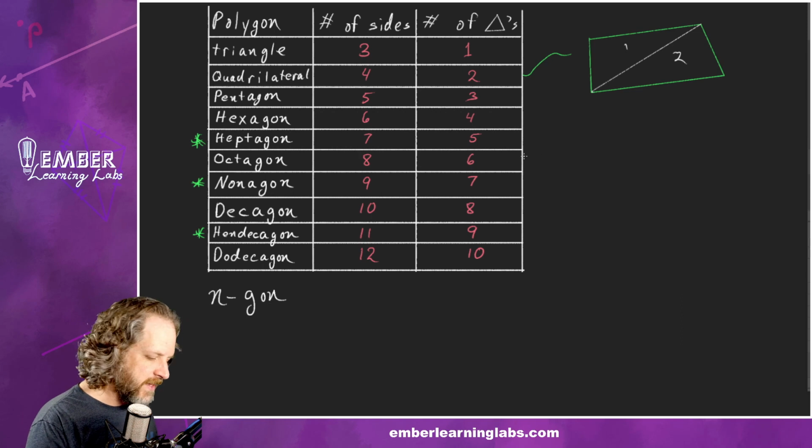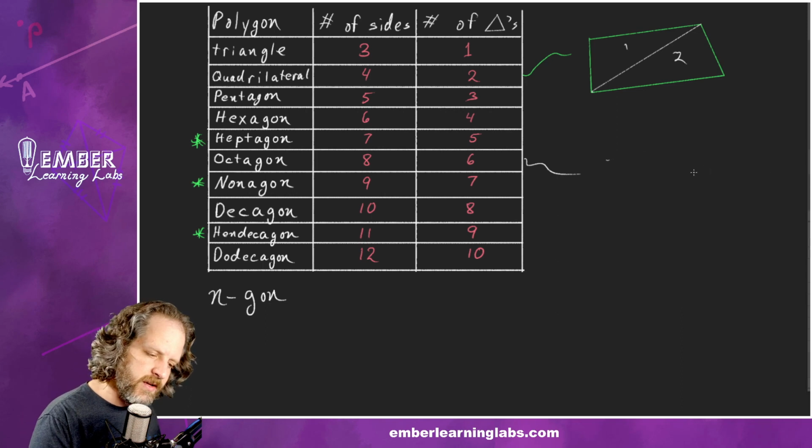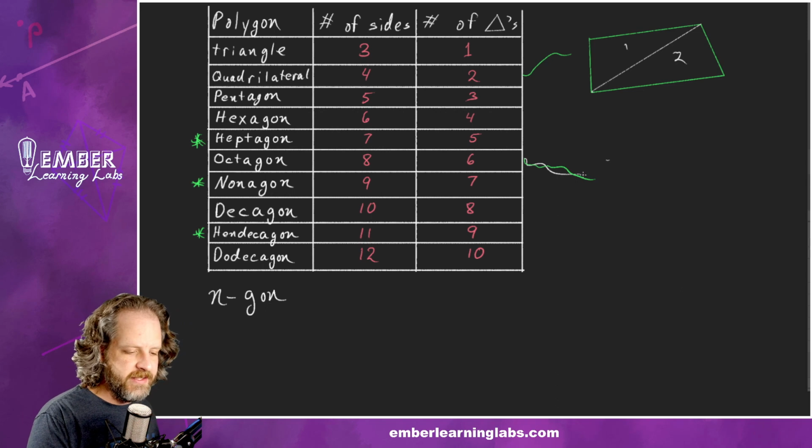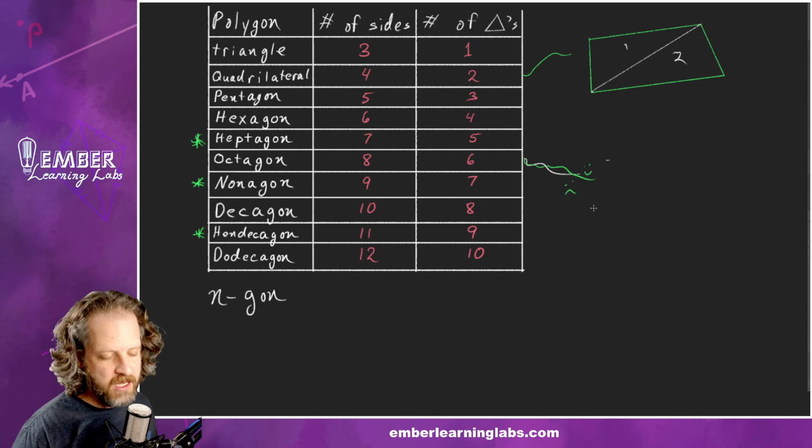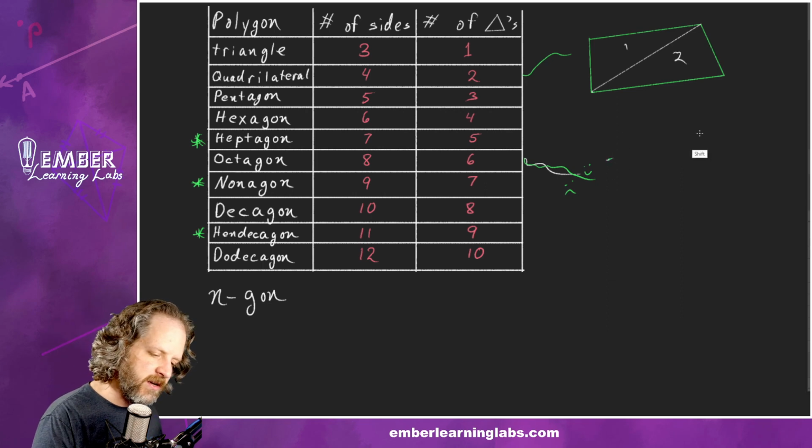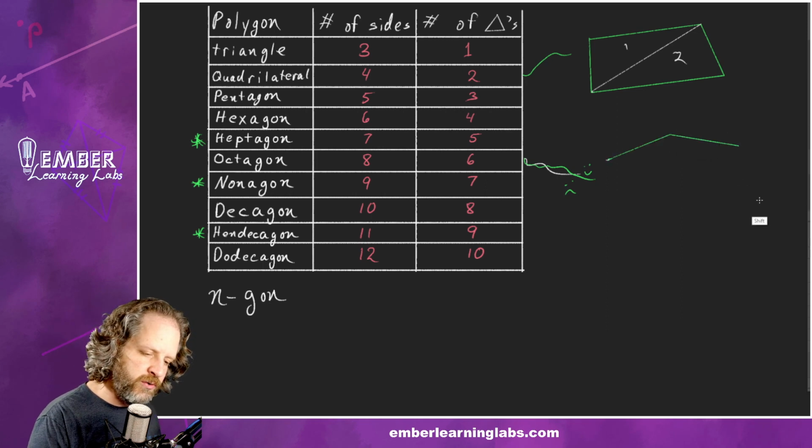If I have, let's say, an octagon, let's do an octagon: 1, 2, 3, 4, 5, 6, 7, and 8.